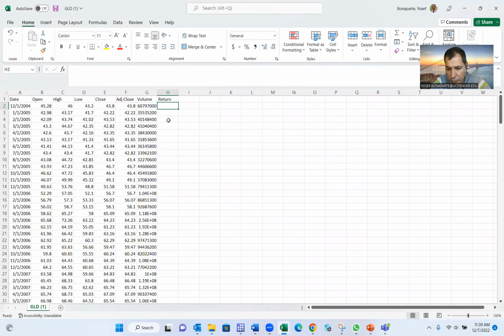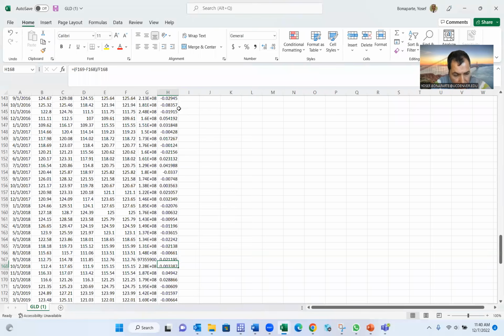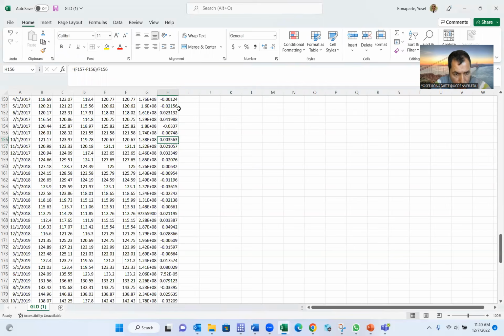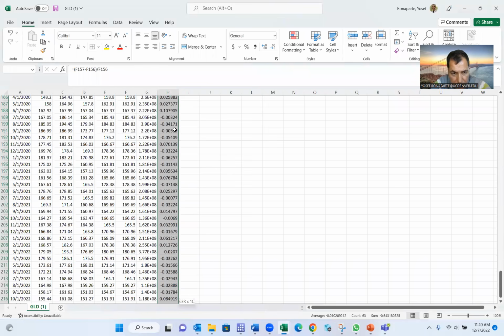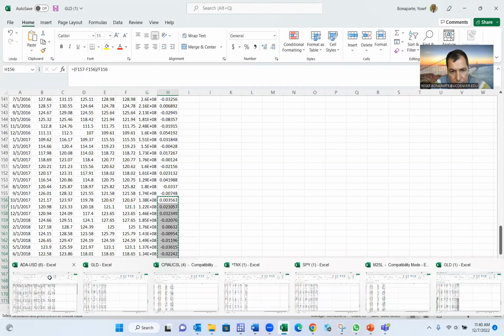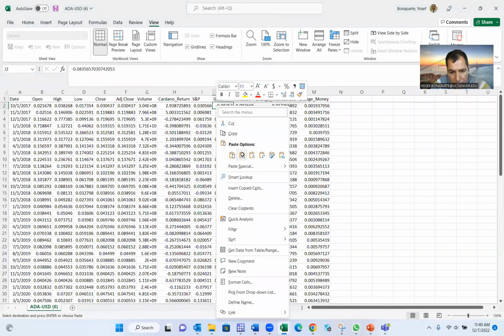December, January. Okay, so it's equal to adjusted close in the month minus adjusted close early in the month divided by adjusted close, double click. And then I want to go all the way to 2017. Right click, copy. Paste values.